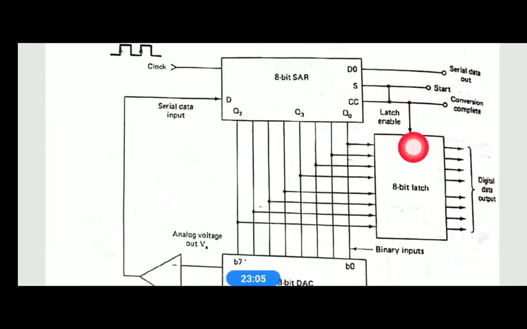This CC will go to the latch and it enables the latch. Enabling the latch means the latch connects these lines to these lines. So when both are equal, in our example 11.5, at that time the value here is 0111011, which we latch through this latch at the output.